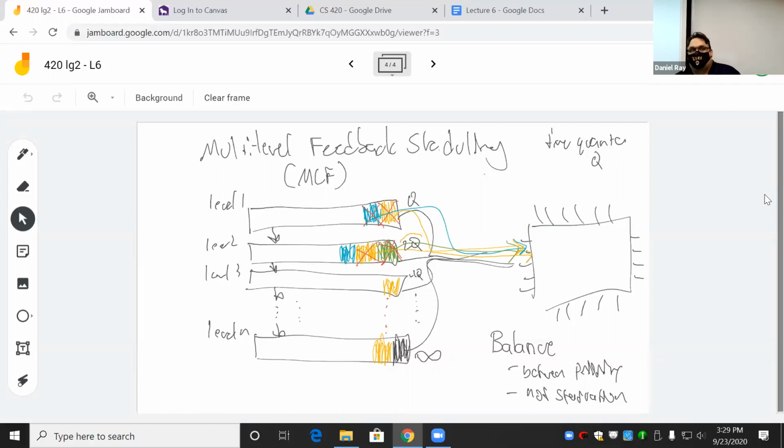Okay. So the load on our system could be so much that we can't process these low priority things. Okay, that could happen.